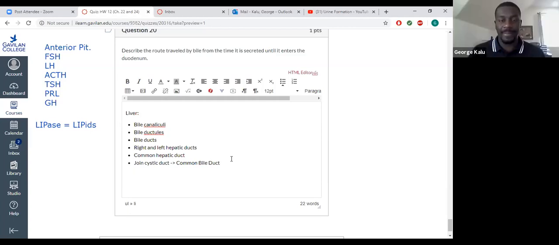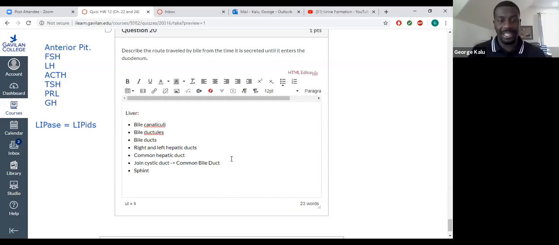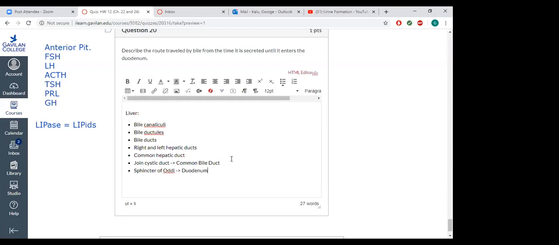And from the common bile duct, it then has to pass through what opening before it can enter the duodenum? The sphincter of Oddi, right? Yes, the sphincter of Oddi, and that will bring the bile directly into the duodenum.